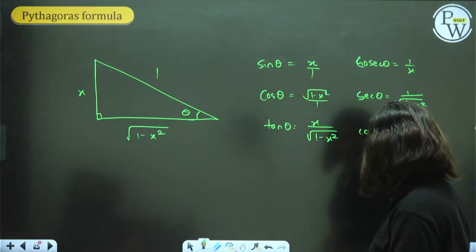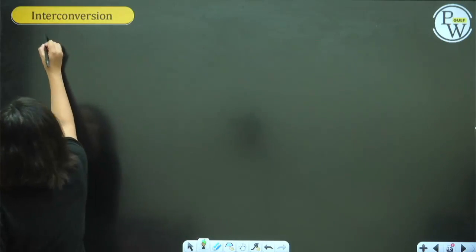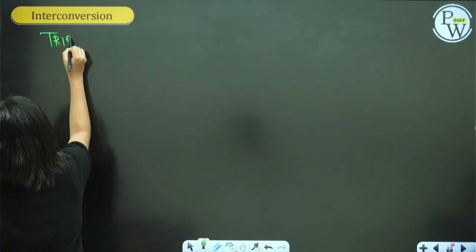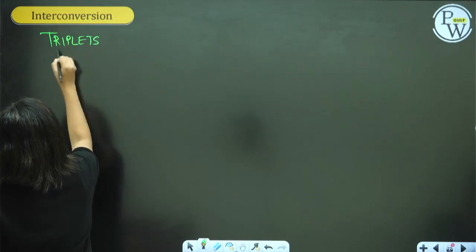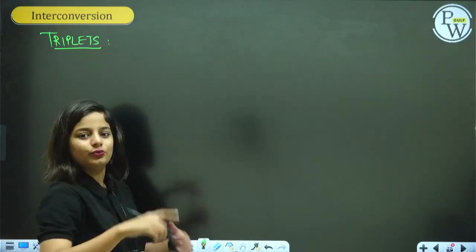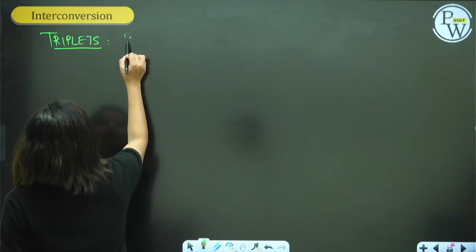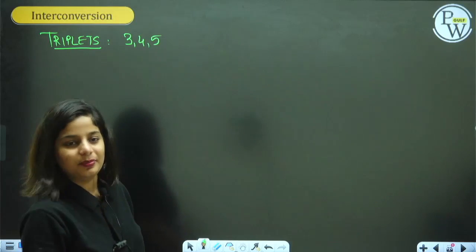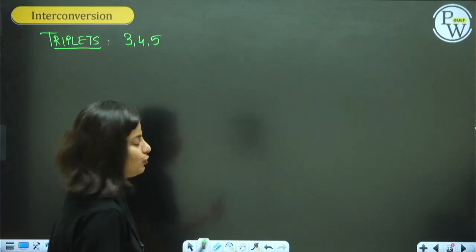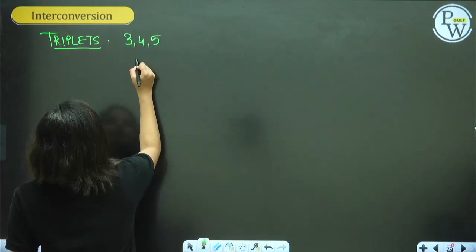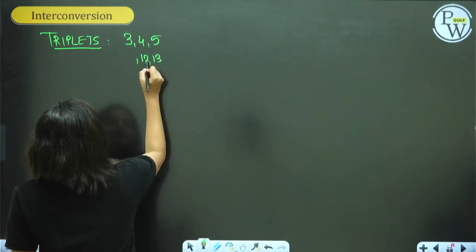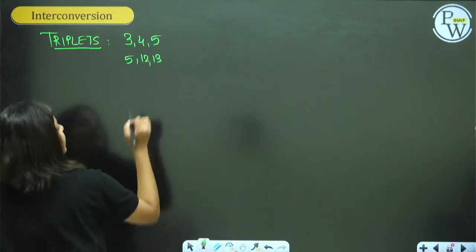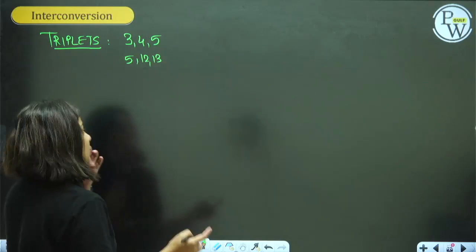How is this supposed to be used in a question? Certain triplets are quite common, and let me write those triplets for you, as they will be used very often. 3, 4, 5. This is the most standard Pythagorean triplet. One more is 5, 12 and 13: 5 square plus 12 square is equal to 13 square.